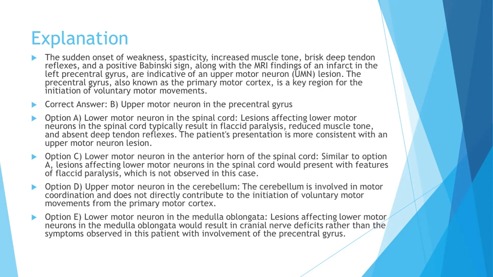Also, the upper motor neuron in the cerebellum is involved in motor coordination, so the patient may have movement disorders. The lower motor neurons in the medulla oblongata will result in cranial nerve deficits rather than the symptoms observed in this patient with involvement of the precentral gyrus.